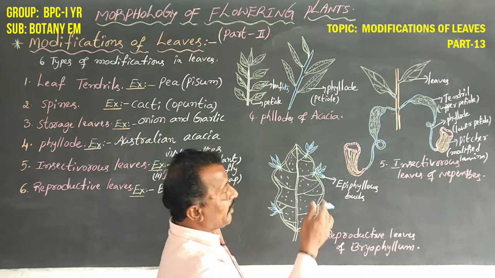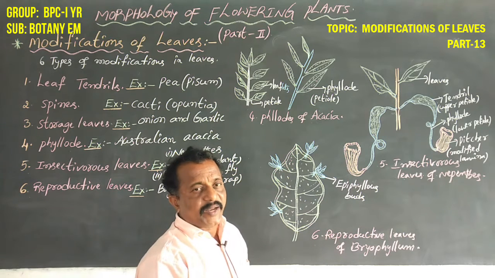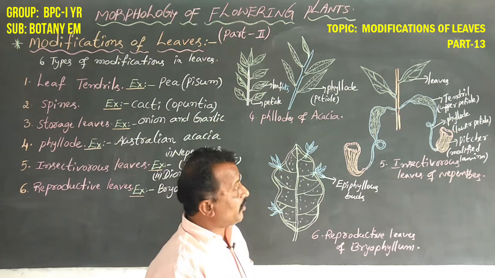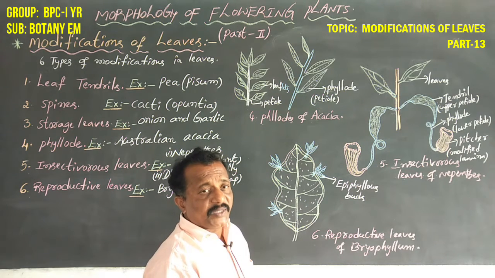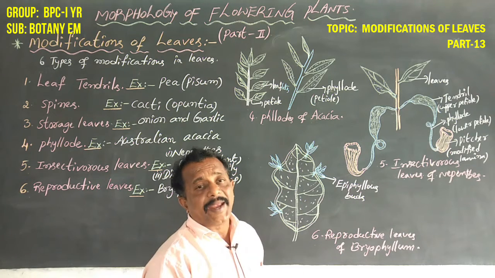So these plants are named insectivorous plants: insectivorous leaves of Nepenthes, insectivorous leaves of Dionaea.